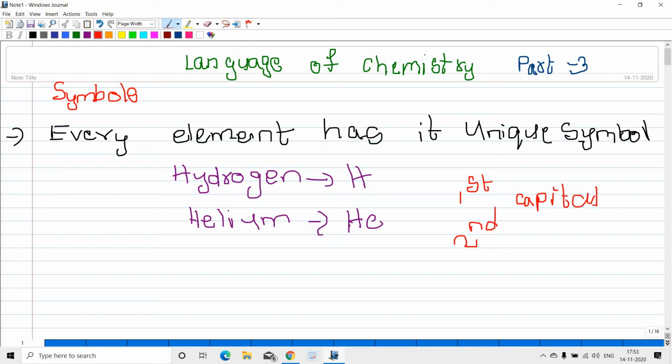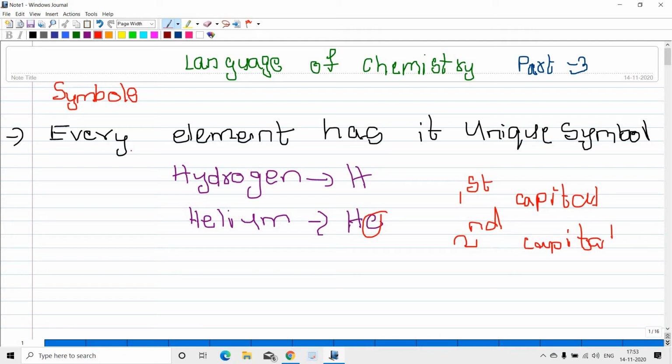We should not write the second letter in capital form, as that makes the wrong symbol. See here, I wrote the second letter small and the first letter H capital. So when writing a symbol, the capital letter should be first and the small letter second. That time it makes the full sense of an element.